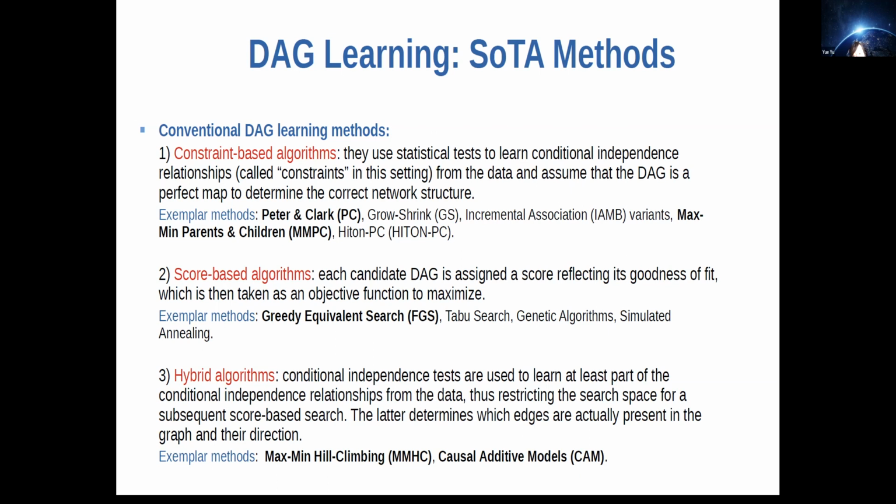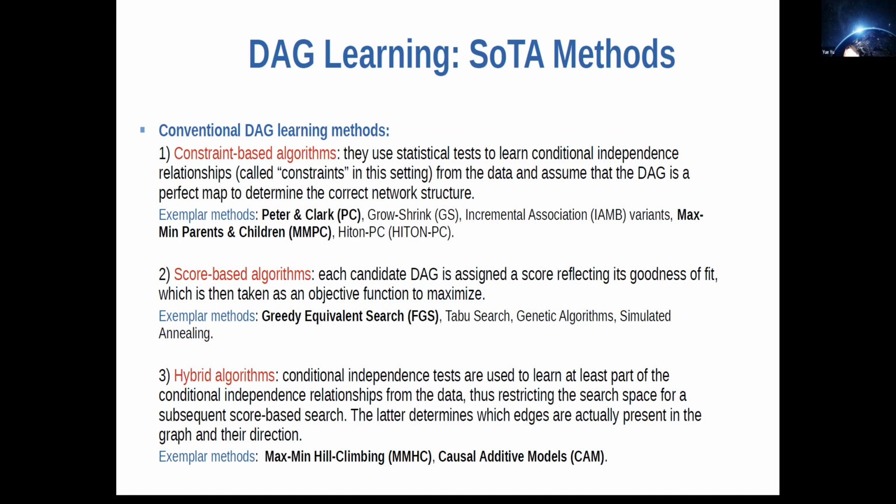However, one drawback is, again, if the graph becomes very large, it becomes an optimization problem on a discrete constraint. That makes a really huge searching space, and makes the score-based algorithm very challenging traditionally.